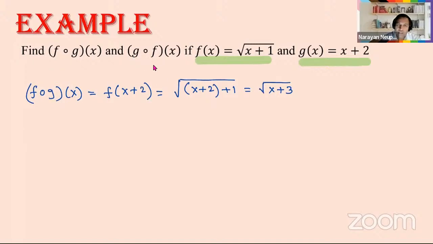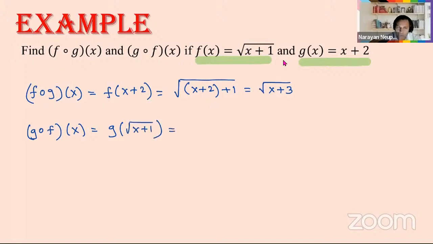Now let's find the other one, g of f of x. So it is the other way around. If we perform this composition, let's see what we have. Our outside function is g, so we keep that as it is. And then the inside function is f of x. And f of x from up here, we know that it's the square root of x plus 1.